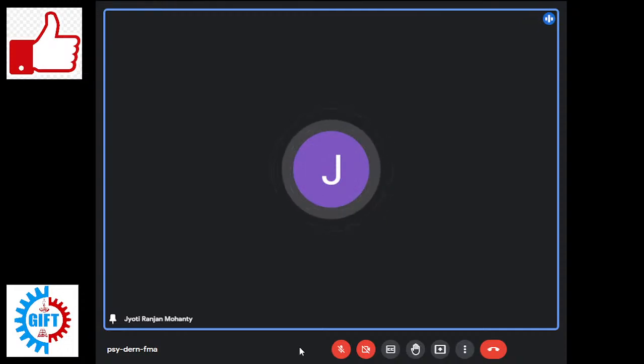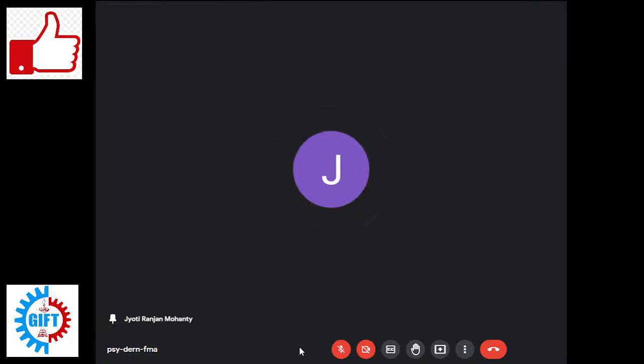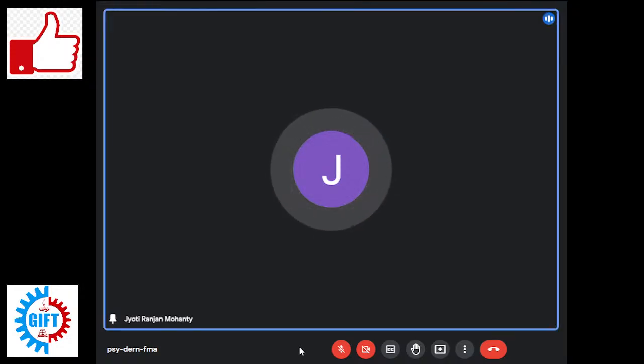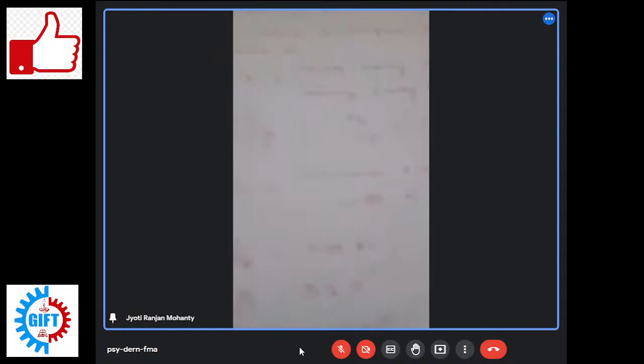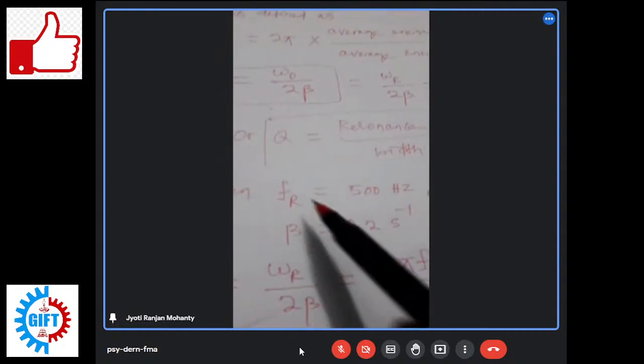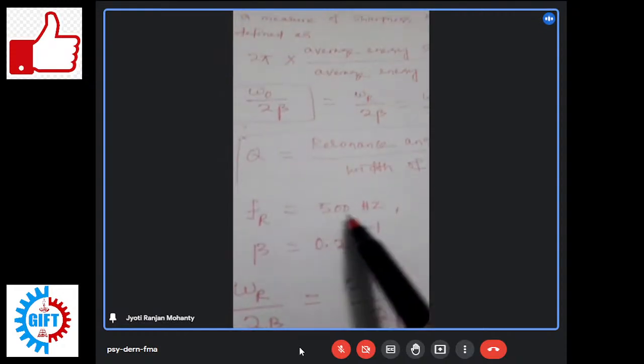So which one is given? FR. Very good. Where the term angular is not used, you have to consider that it is linear frequency. Many times last class also I told you. So FR is given. Write given FR is equal to 500 hertz.